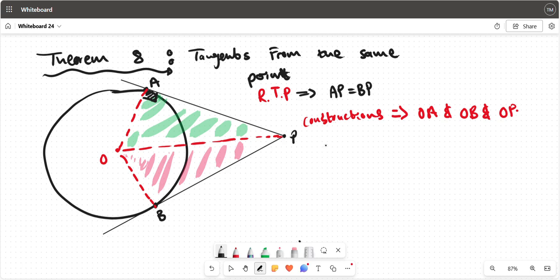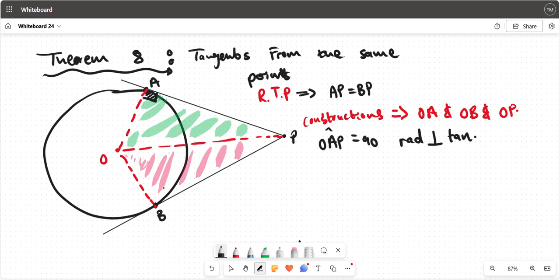So I can state that angle OAP is equal to 90 degrees. And why am I saying this? Radius perpendicular to a tangent.